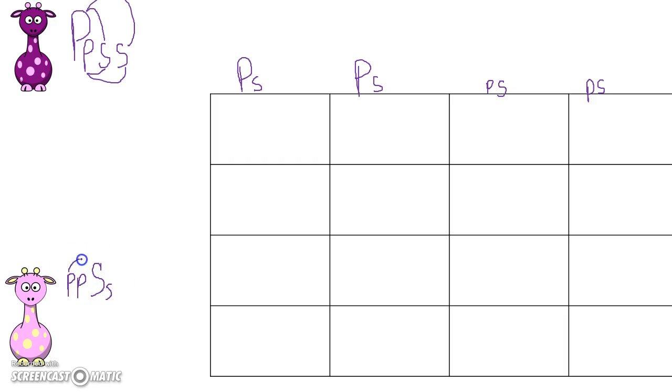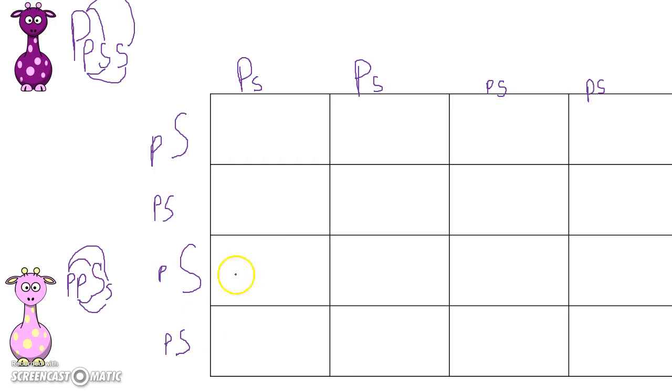So this little p pairs with the big S, and the little p pairs with the small s, and then little p big S, and little p little s. Okay, so that's how I do my gametes.